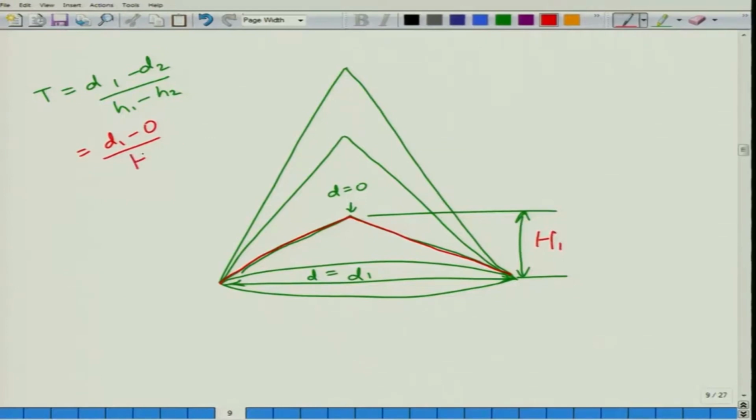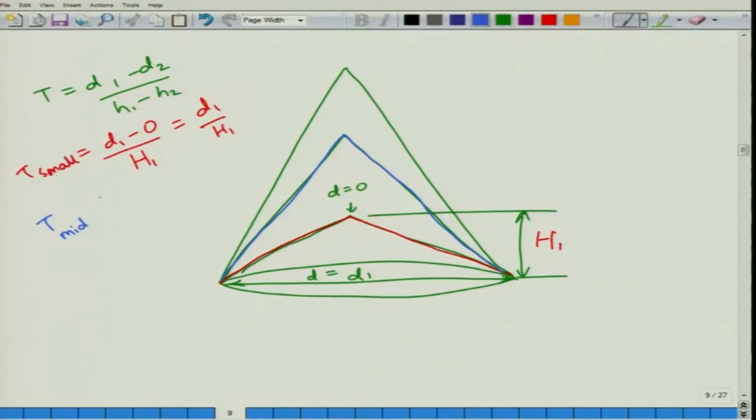So, this is h1. So, the taper here becomes d1 upon h1. In the case of the middle cone, we have taper of middle. So, this one was the taper of the small cone.